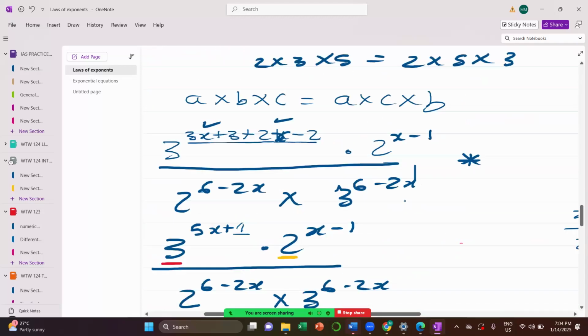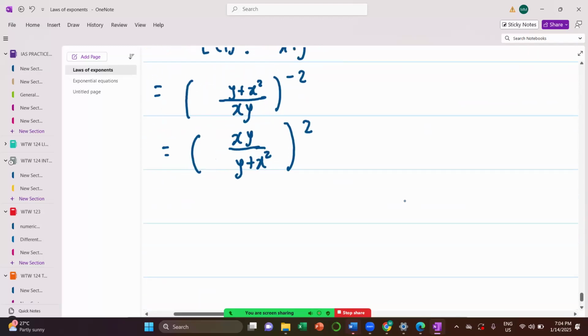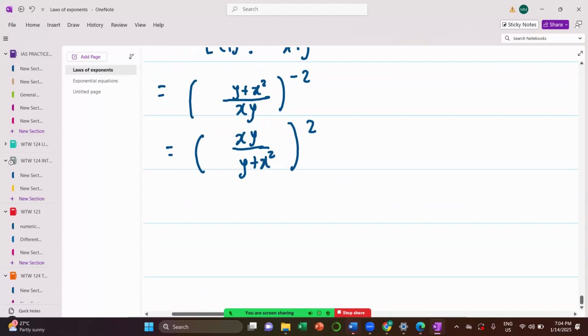So I'm going to apply the very same thing: xy, that's the base, with the exponent of 2, divided by the denominator, which is y plus x squared, with the exponent of 2.